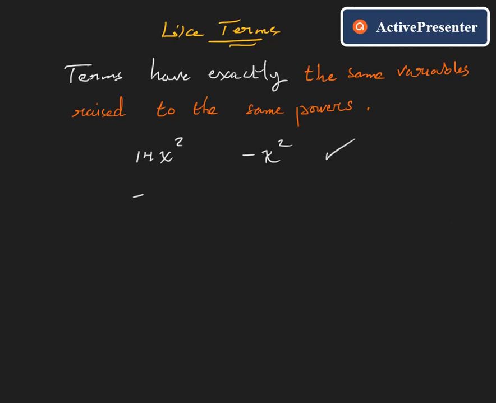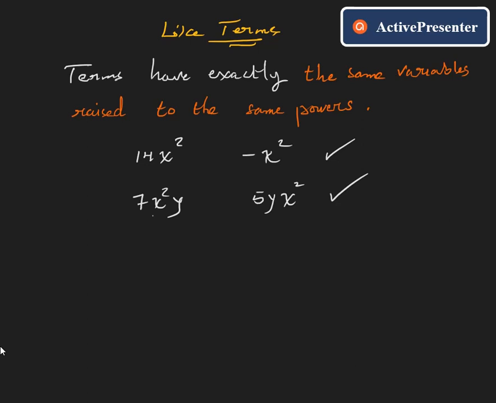And if we say 7x squared y and 5y x squared, these are also like terms. Why is that? Because they have exactly the same variables, here x squared and here x squared, okay? And raised to the same power. Here raised to 2 and here raised to 2. Okay? What about the other example?